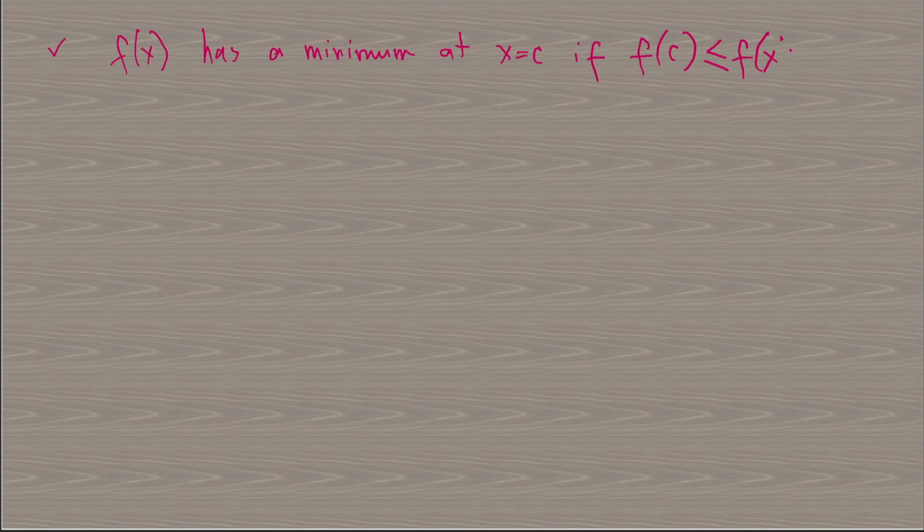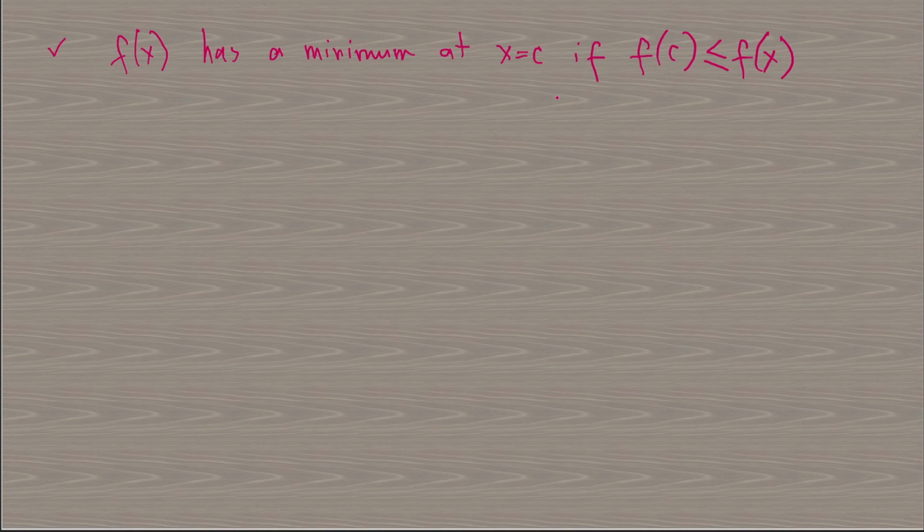Okay, the other idea is about minimum. Let's say f of x has a minimum. When I say minimum, this is the smallest or the lowest value, at x equals c if f of c is lesser than or equal to f of x.